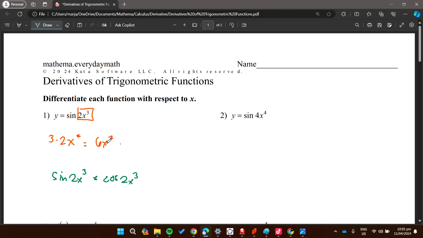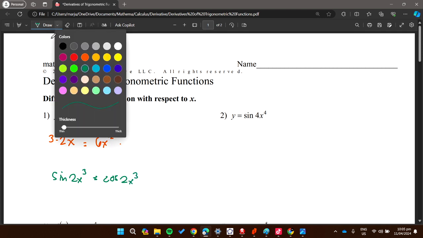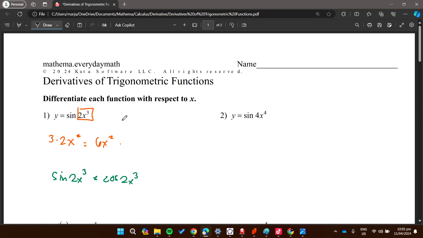And then we multiply the two. Our final answer will be 6x squared cos 2x cubed. So we are just again applying the chain rule.